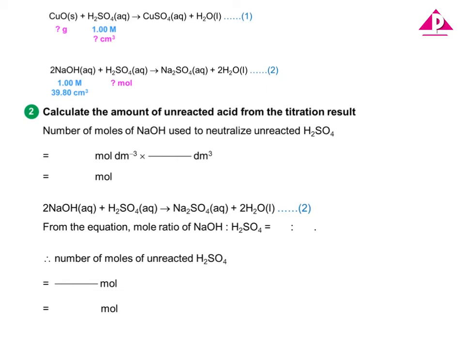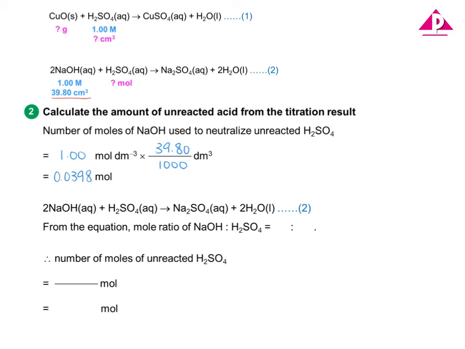Then calculate the amount of unreacted sulfuric acid from the titration result. We use 39.80 cubic centimeters of 1 molar sodium hydroxide solution to neutralize unreacted sulfuric acid. So the number of moles of standard sodium hydroxide solution used is 1 times 39.80 over 1,000, and you get 0.0398 moles.